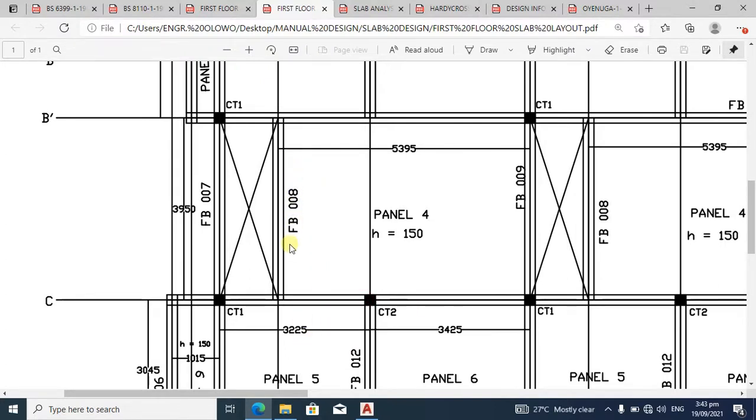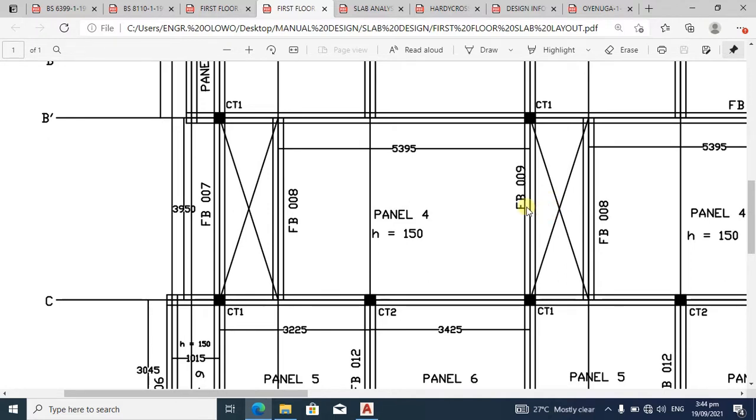This is the short span direction. Can you see, along this floor beam 008 is the short span direction, while along this area is the long span direction. Also, you will observe that the panel is discontinuous around this area because we have a staircase here. The panel is also discontinuous around this area.